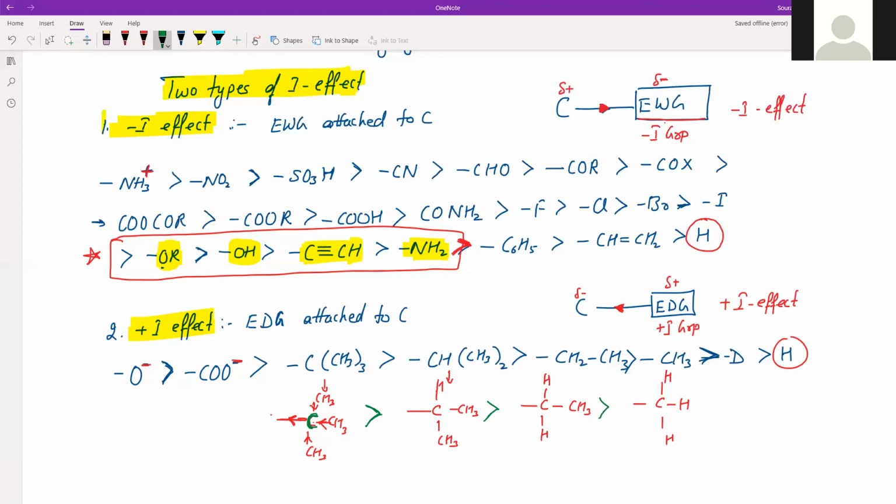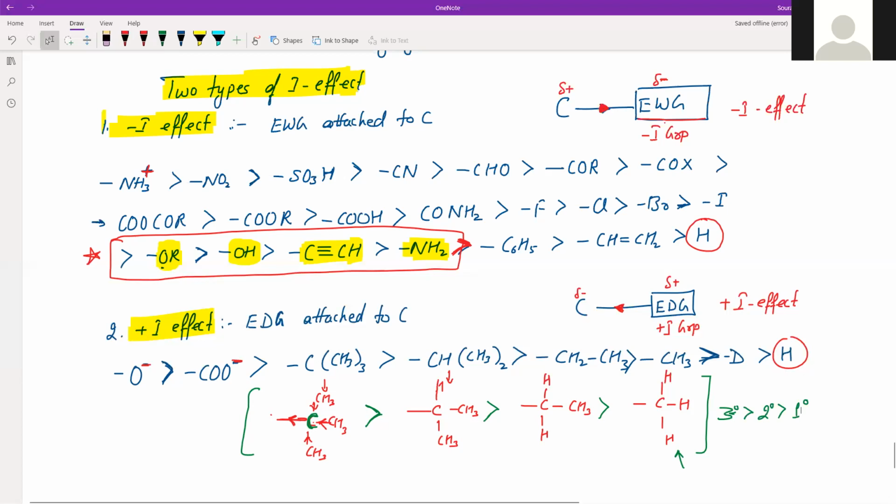And this is the least in this group because the last one has no alkyl group. So simply we can say that 3 degree will have more than 2 degree, which will have more than 1 degree. That is only about these tertiary or secondary alkyl groups.